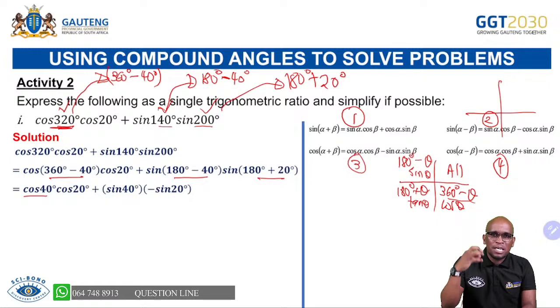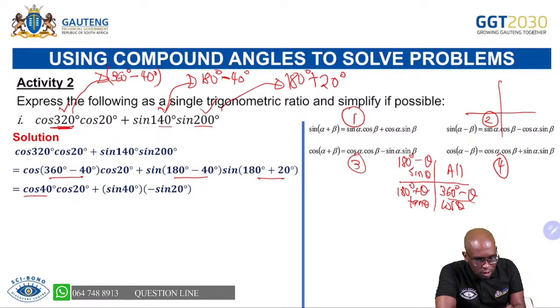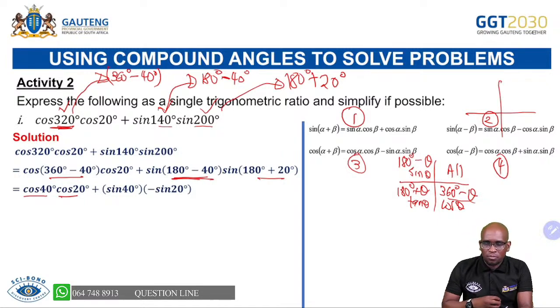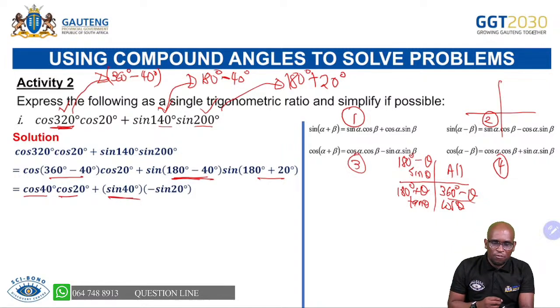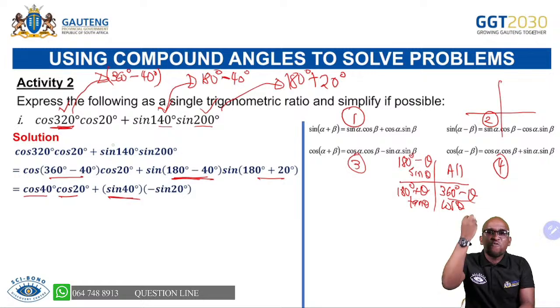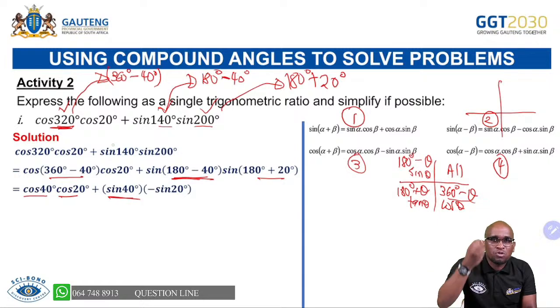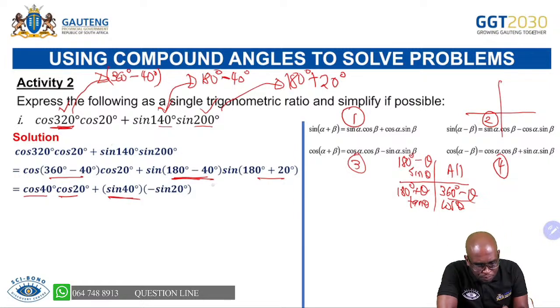That is why we are saying we are working with numerical reductions. Now, cos 20 came back as it is. Sine of 180 minus 40 is in the second quadrant, where sine is positive. We've reduced that to sine 40. So we've managed to reduce 140 degrees to 40 degrees, making use of the reduction formula.